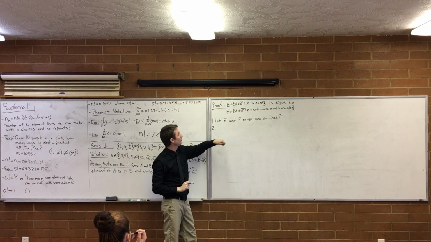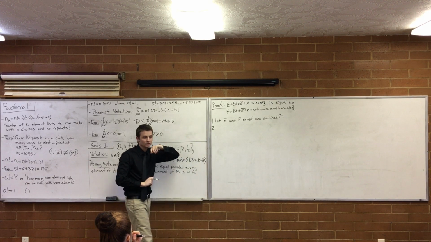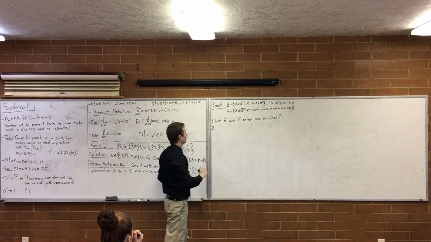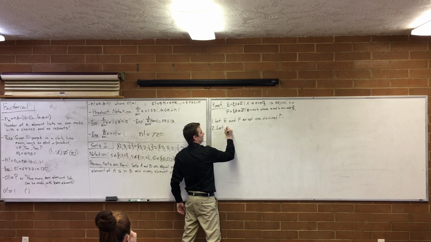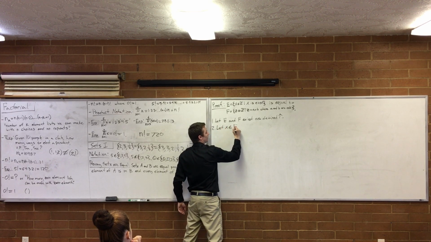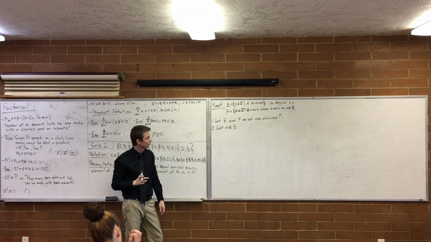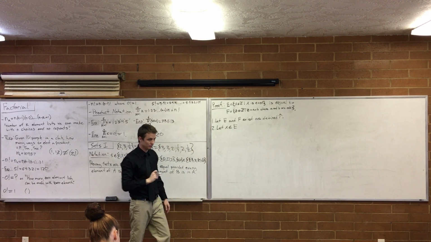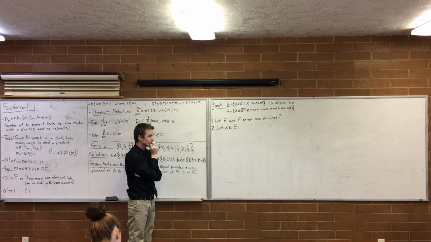Now, which one do you want to do first? Do we want to show everything in E is in F or everything in F is in E? E is in F. Show that E is in F. So we start with some random element in E. Let x be some random element in E. We need to show that's now in F.